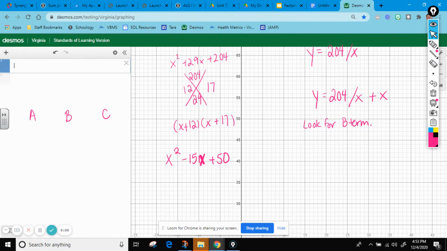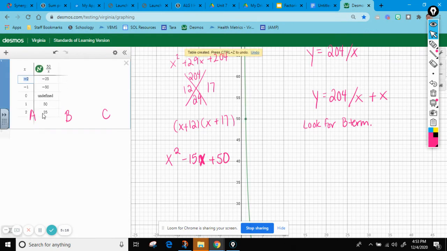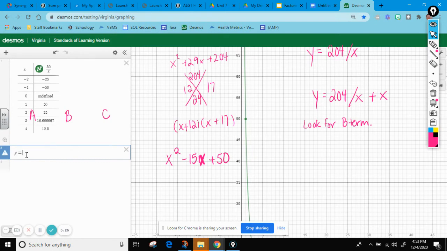So I type in y is equal to the c term, which is 50, divided by x. You can just use the slash key to do divided by x. And I want to turn that into a table. So I hit the cogwheel and I hit table. And I'm not even sure what number I'm looking for yet, so I'll just come back to that. Now I come down here and I type in y is equal to 50 divided by x, and then I go over, so I'm no longer underneath the fraction, and I say plus x.